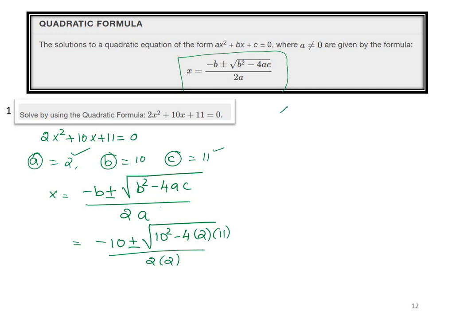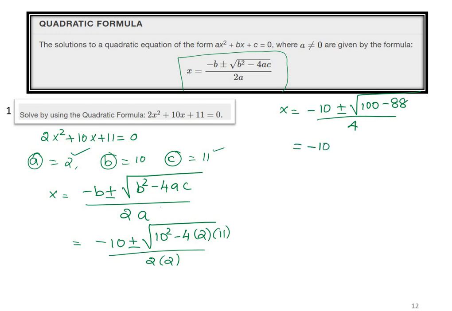So x is equal to negative 10 plus or minus square root of 10 squared is 100 minus 4 times 2, 8, 8 times 11, 88, over 4.